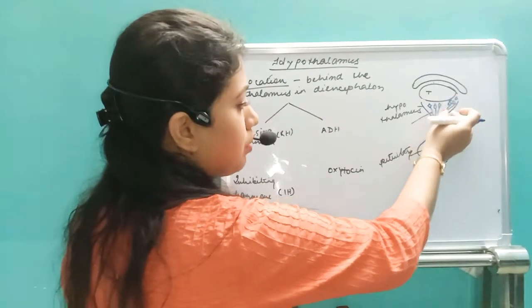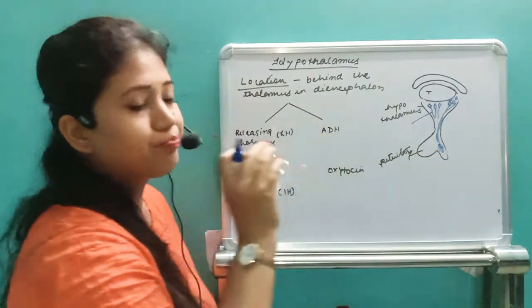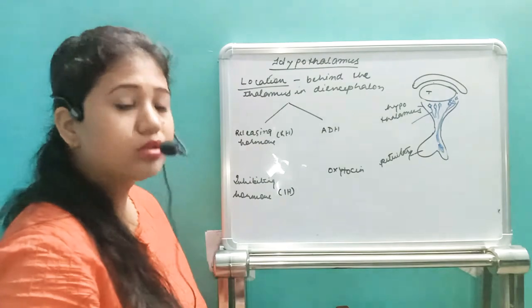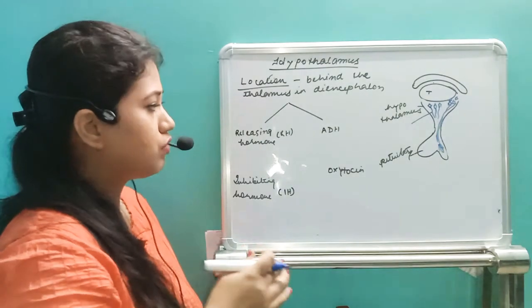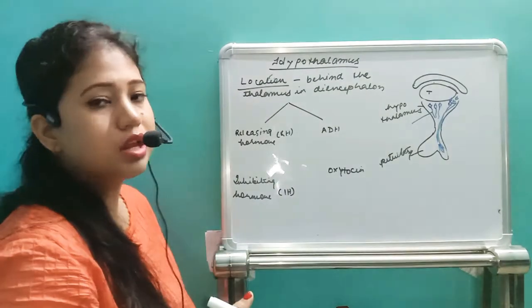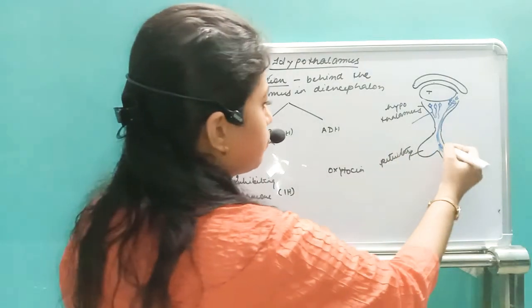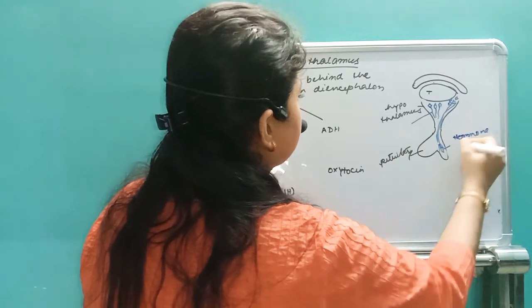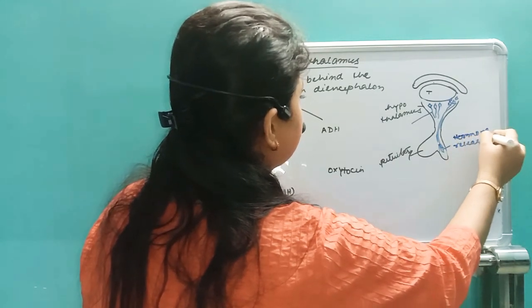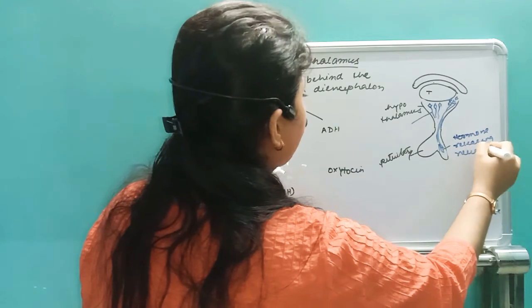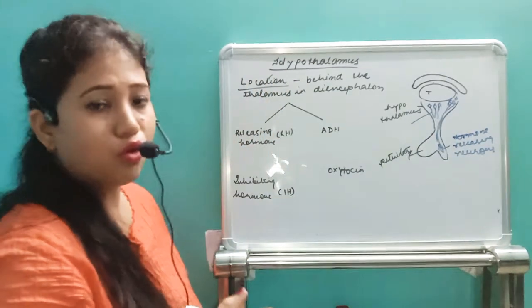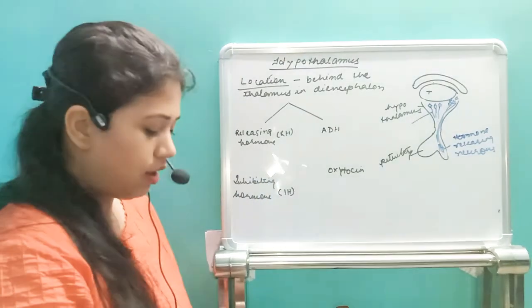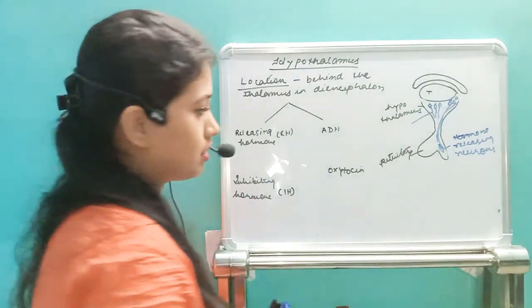And this part is nothing but neurons which descend down from the hypothalamus, and the axon terminals reach the posterior part of the pituitary gland. So these are also hormone releasing neurons, but these neurons release the releasing or inhibiting hormone via a system called the duct.